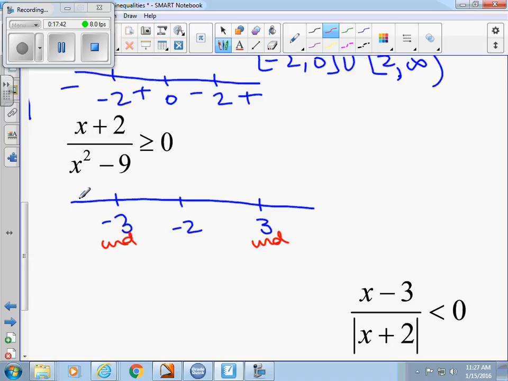I get a positive on the top, negative on the bottom, so I get a negative. -2.5, right? Y'all okay with this? -2.5 squared is less than 9, so I get a negative on the bottom and a negative on the top, which is positive. 0, I get a -4, I get a positive. Am I going too fast on where I'm getting the plus? Any questions on that?